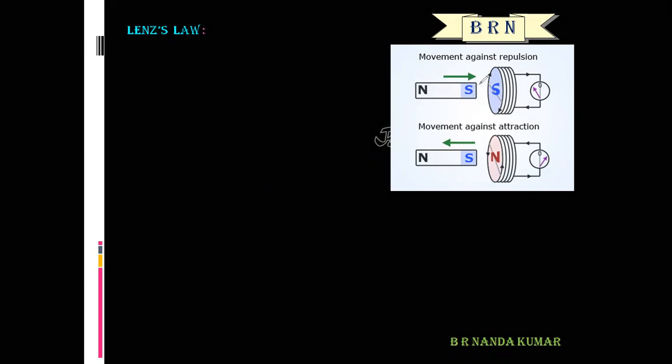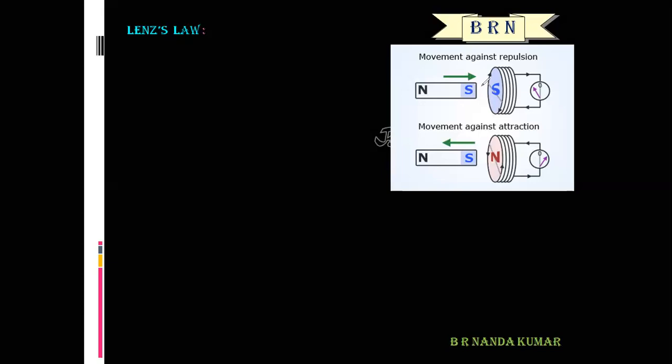The number of magnetic field lines passing through the turns of the coil changes, so it produces an EMF, and the induced current flows in the clockwise direction. This EMF opposes the further change of the magnetic flux.